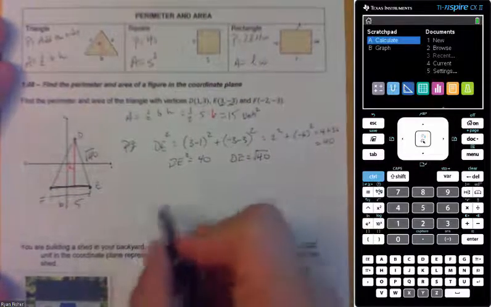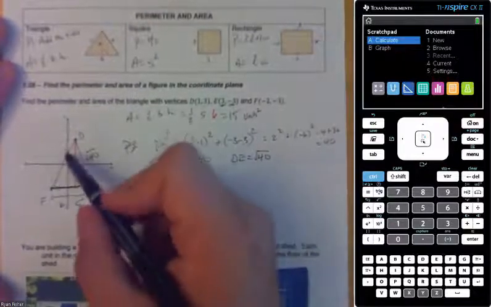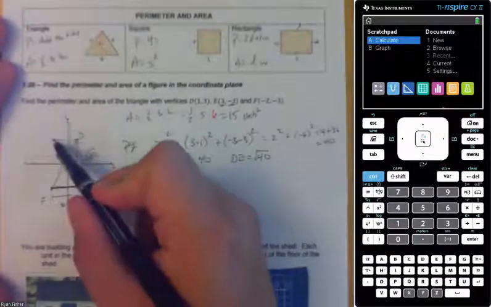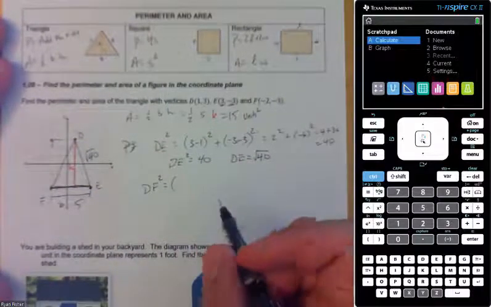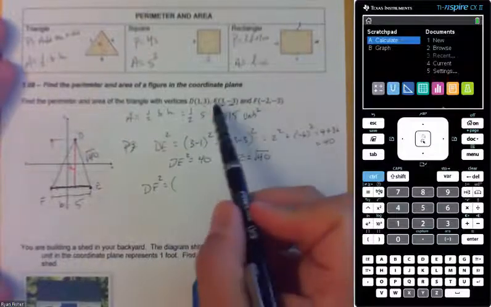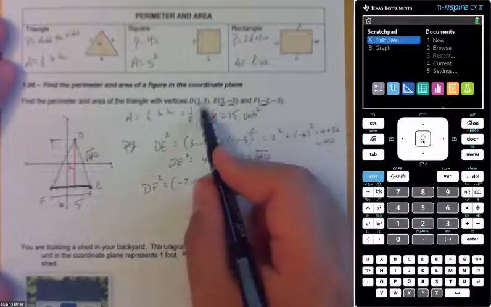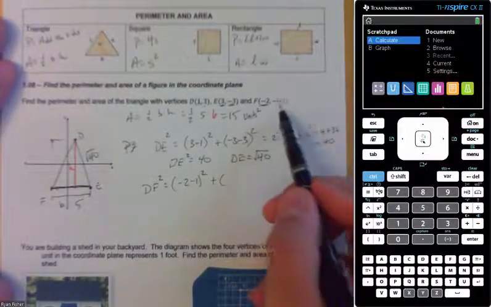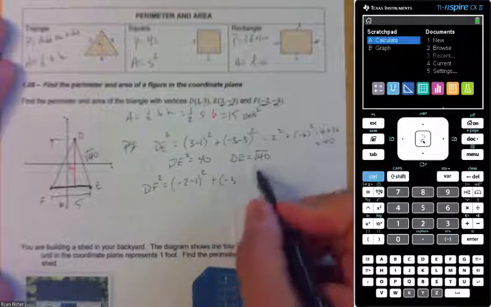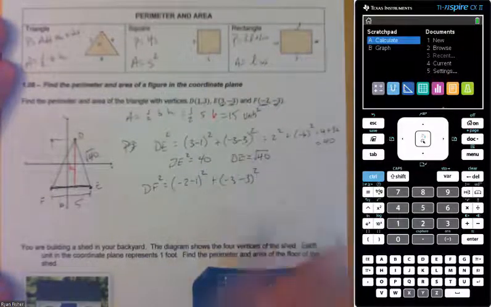Do the same thing with DF. We know the length of DF squared, according to the Pythagorean theorem, is the difference of the x's added with the difference of the y's, and squared each of those. So for DF, I'm going to subtract the x's. D and F, how about negative 2 minus 1 squared? The difference of the y's, how about negative 3 take away 3 squared?